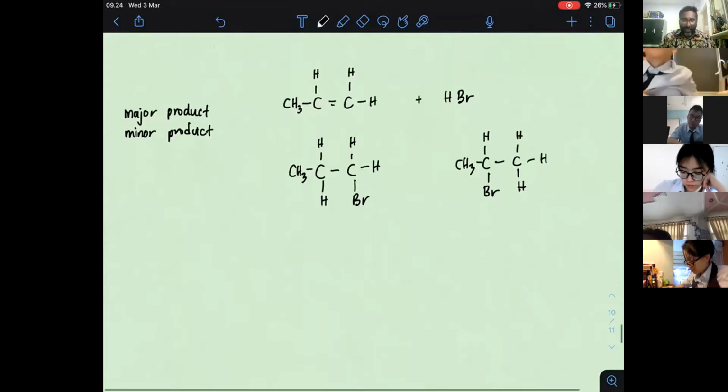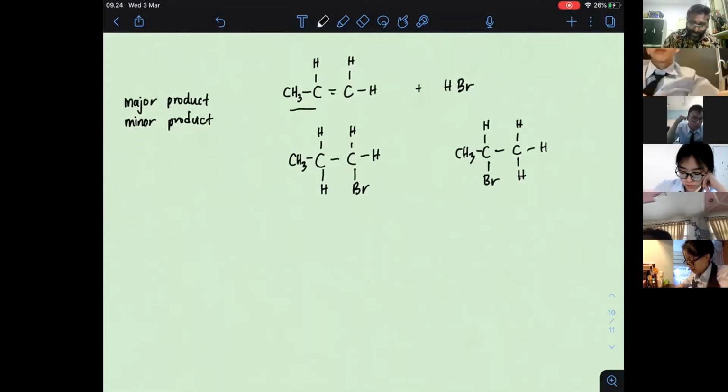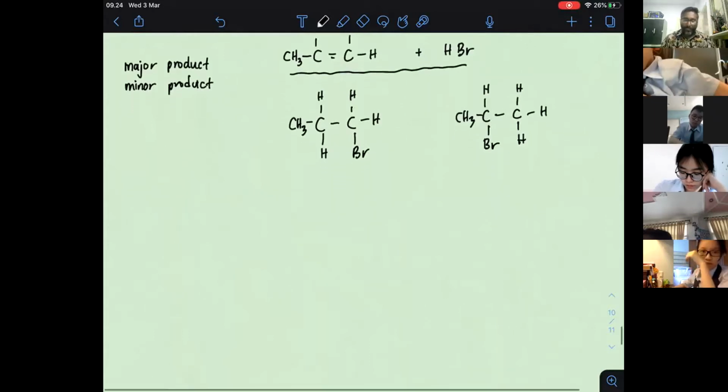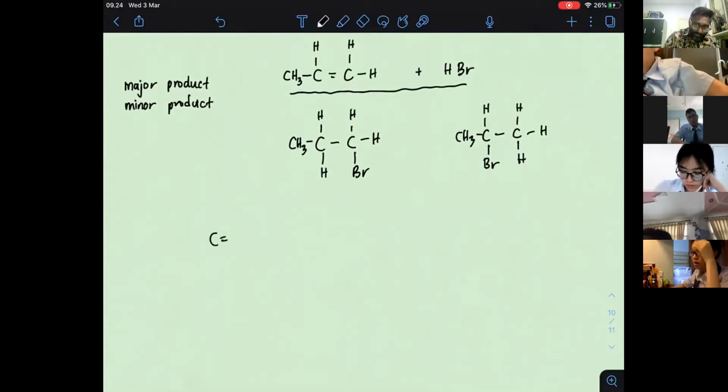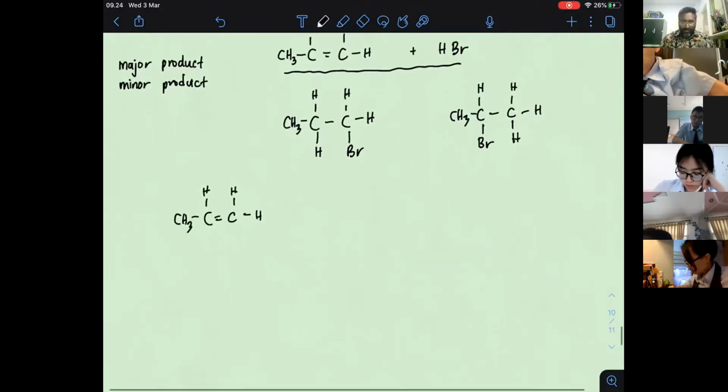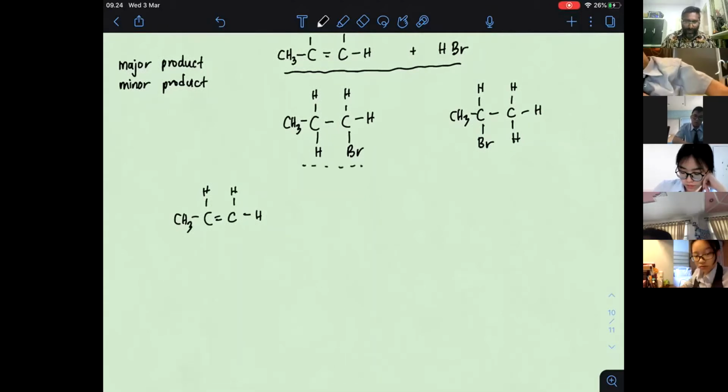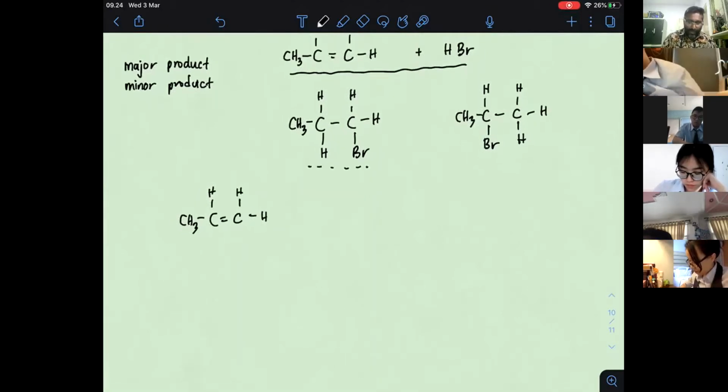Now I'll show you the mechanism of this reaction first. You see, C double bond C, H, H, H, CH3. If I want to form this, the H plus and the Br minus.